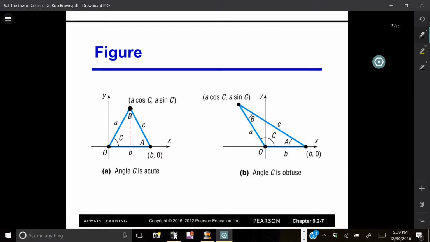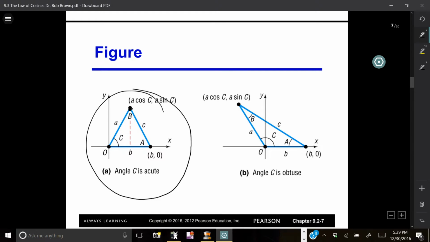This illustrates the fact that a triangle can have no obtuse angles, in which all of them are acute.